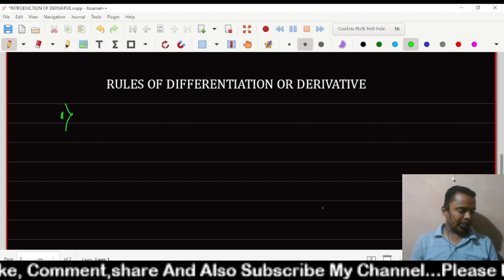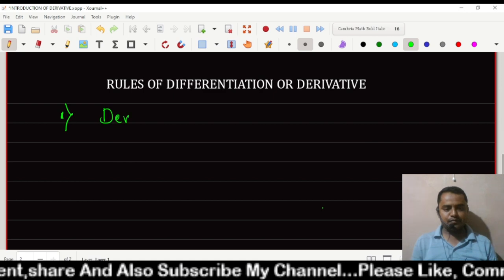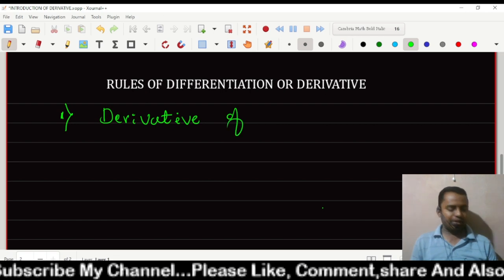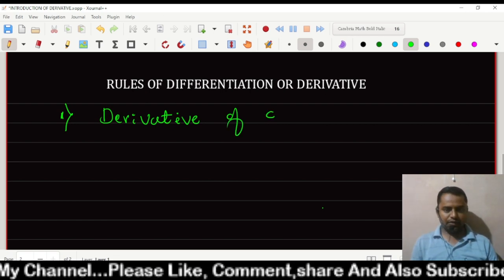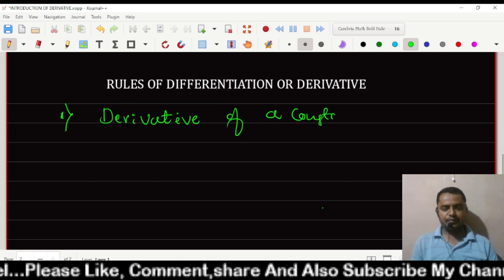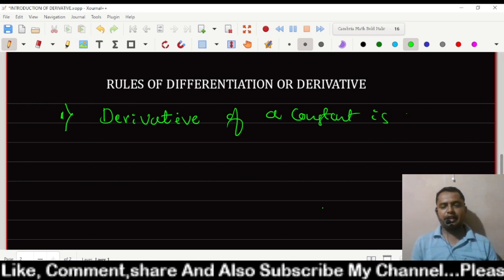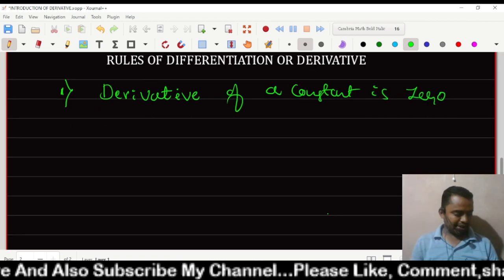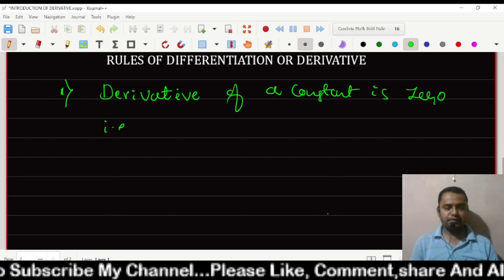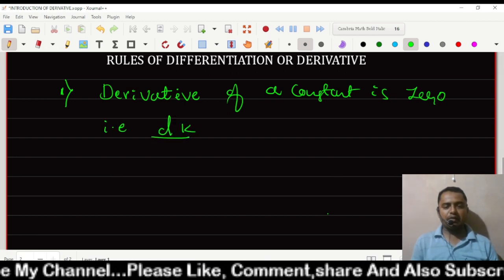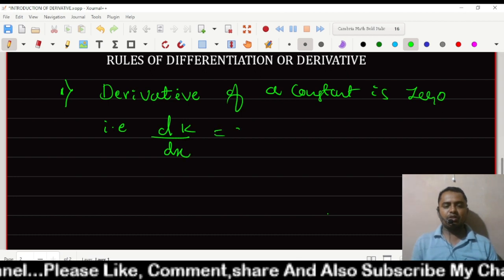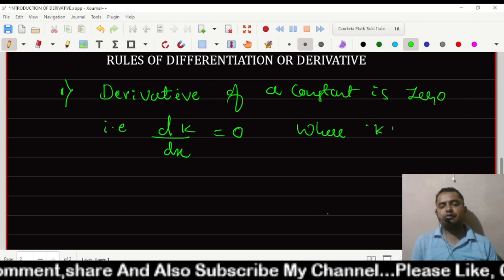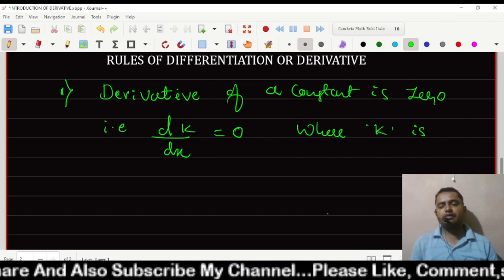In mathematical form, we write it as the derivative of k with respect to x, d by dx of k, is always 0, where k is a constant.